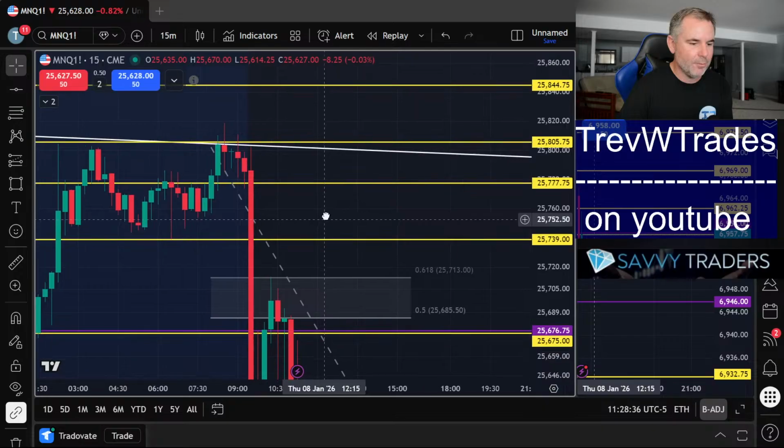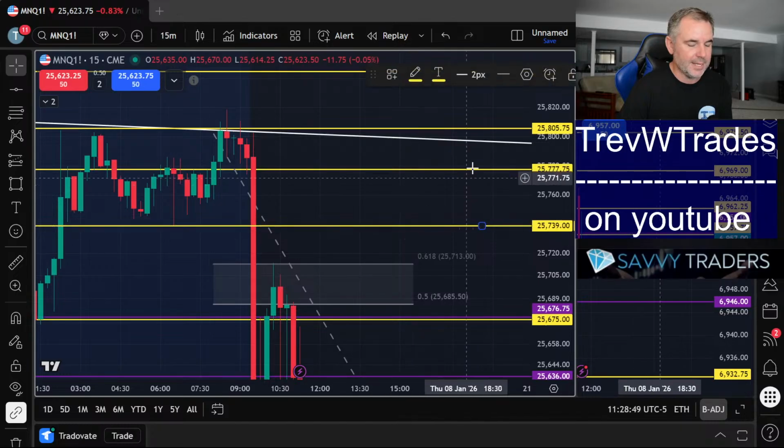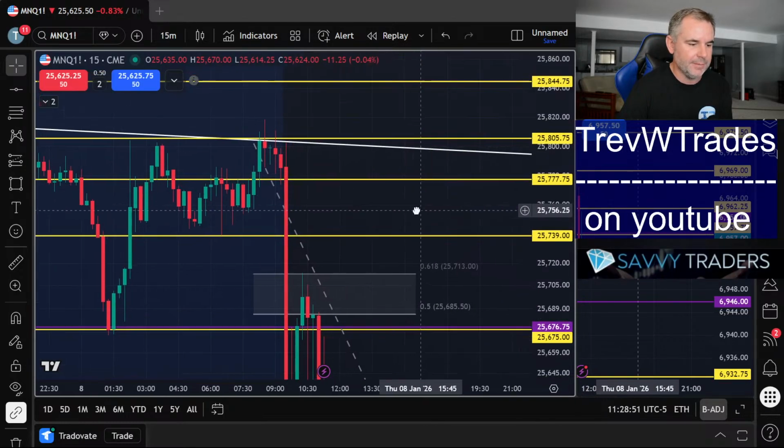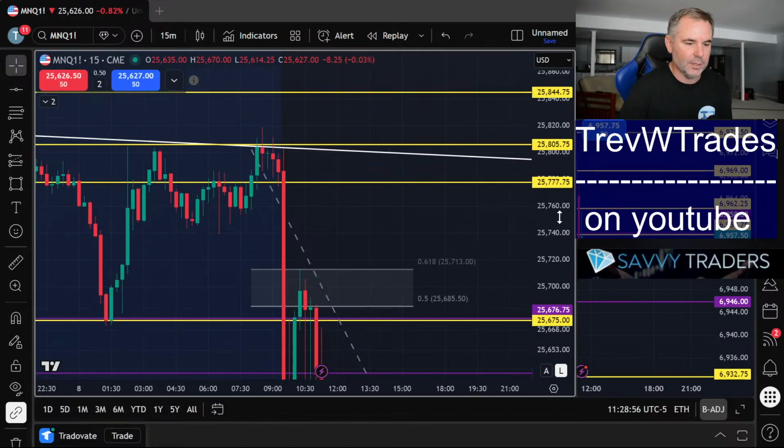Whenever I see something like that and then we break through it, this support will hold up as resistance once we come back to it. So there's a target, right? That's an intraday target on the 15-minute time frame. I'm going to get rid of that for now because we're going to go to larger time frames.